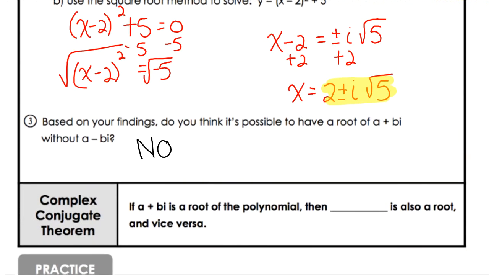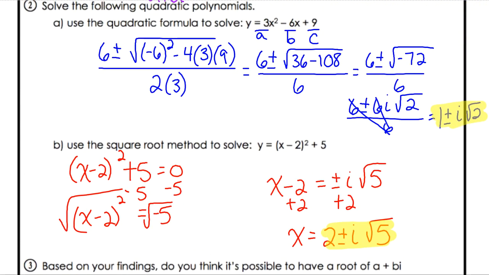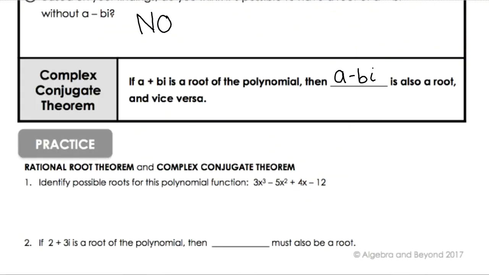So the complex conjugate theorem says that if a plus bi is a root, then a minus bi must also be a root, and vice versa. If you find a minus bi, then a plus bi has to be a solution too. So these examples we did here are just ways to show you that no matter what, we're going to get the positive and the negative, because in order to get a complex answer, we're going to take a square root, which has plus or minus in the answer.